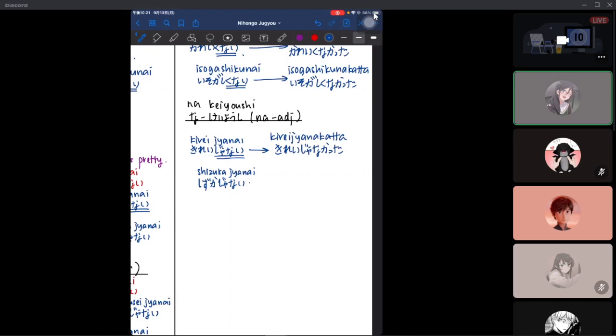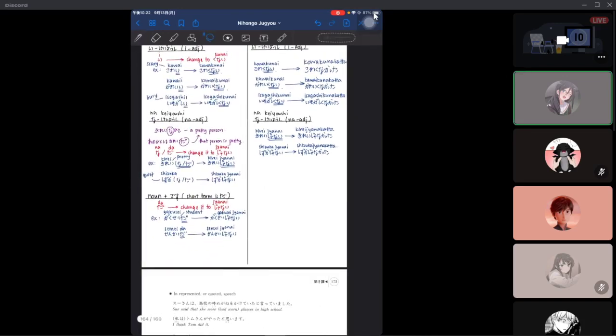And then 静かじゃない? 静かじゃなかった. It's getting longer and longer. How does Sensei say it so fast? Needs practice. 静かじゃなかった.